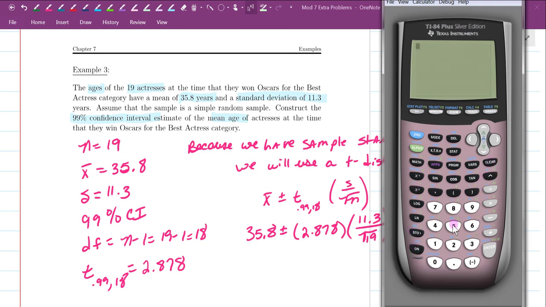And hit clear. And we're going to have 35.8 minus 2.878 multiplied by 11.3 divided by, let me undo that, divided by the square root of 19.